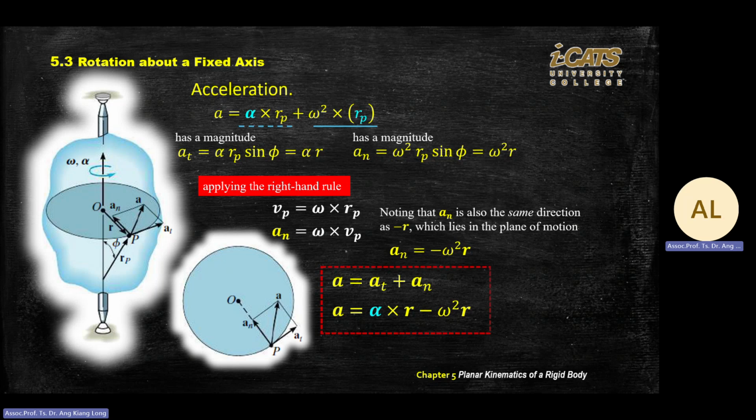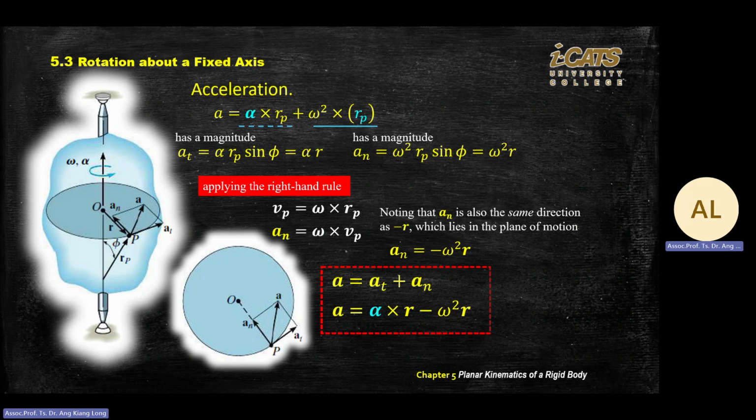Okay, the rest is just for info. So acceleration, this is a vector analysis. Basically, the resultant of your acceleration is a combination of your a_t and a_n. So a equal to a_t plus a_n. And you know that a_t is alpha R. The cross there is just to let you know it's a cross product, but when you do calculation, you can just take away the cross.